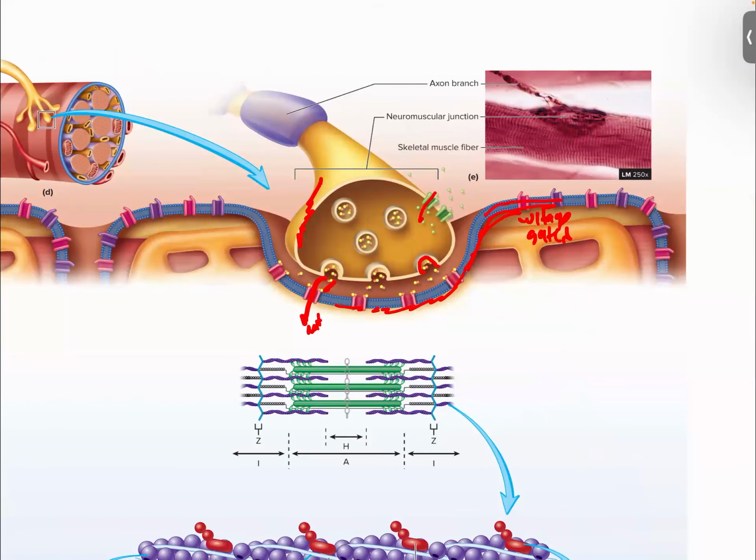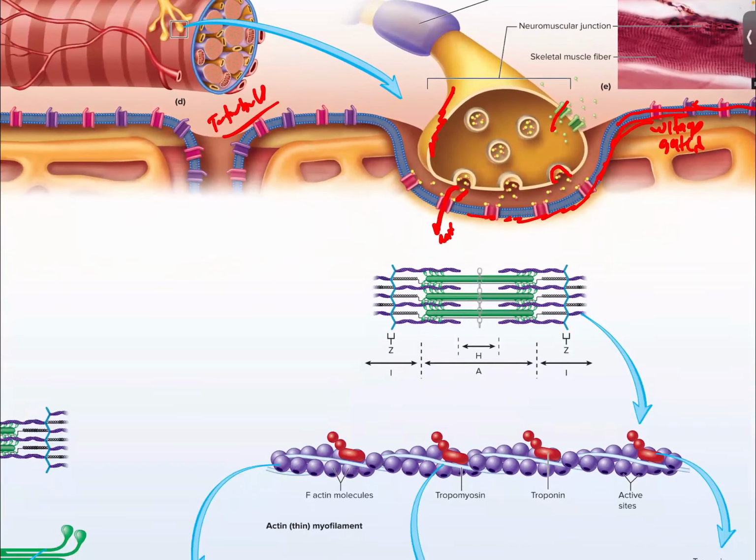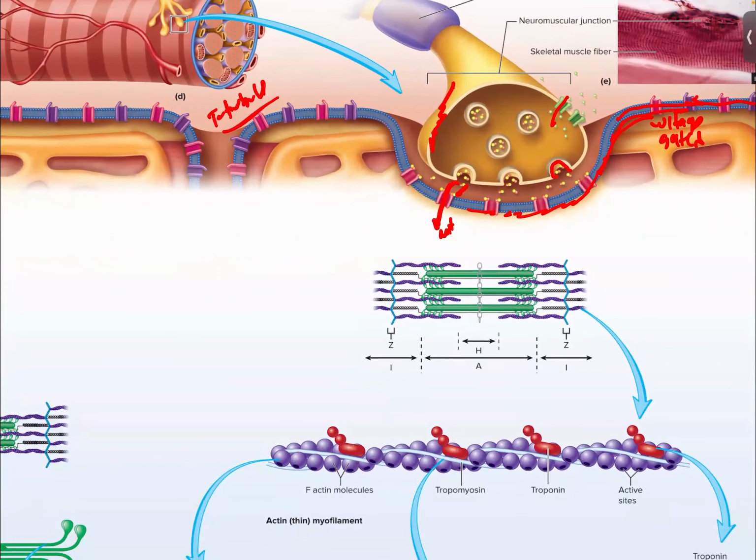This nerve impulse is going to radiate down through the sarcolemma and then go down to the T-tubule. Right, that's where that muscle component came in. Okay, so this is a T-tubule here. So this is the piece where we're at now, this upper piece, this neuromuscular junction component, right?